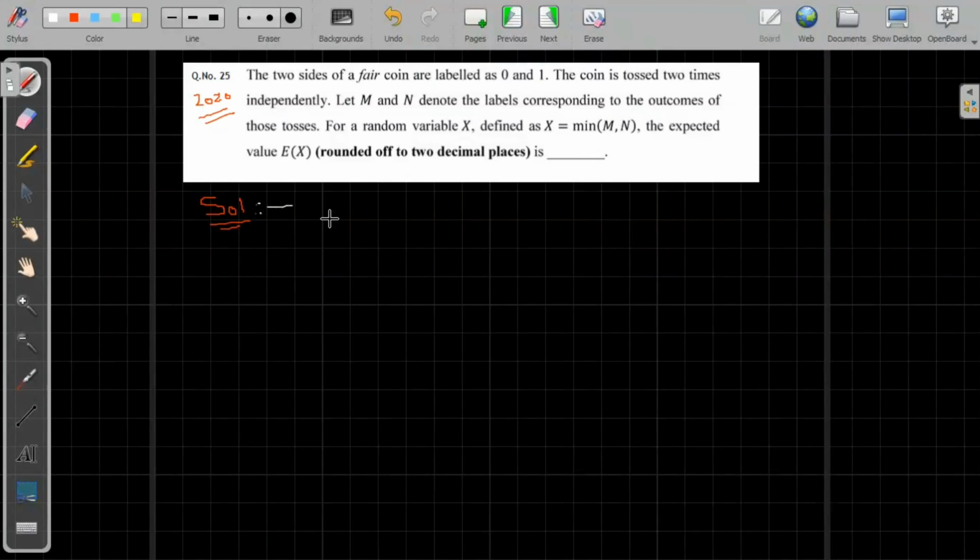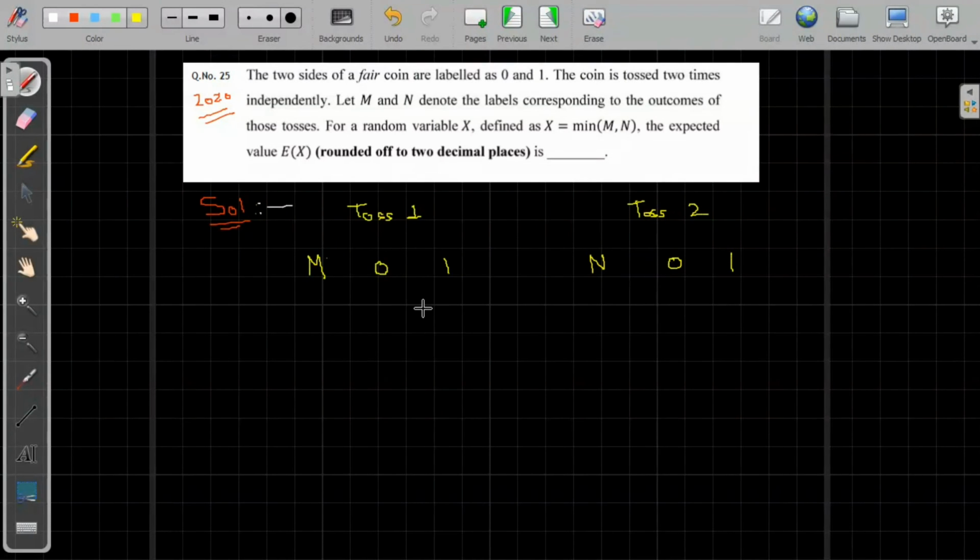So here it's given that there are two tosses, toss 1 and toss 2. The output of toss 1 is labeled as random variable m and it can take values 0 and 1. Similarly, the output of toss 2 is labeled as random variable n and it can take values 0 and 1.